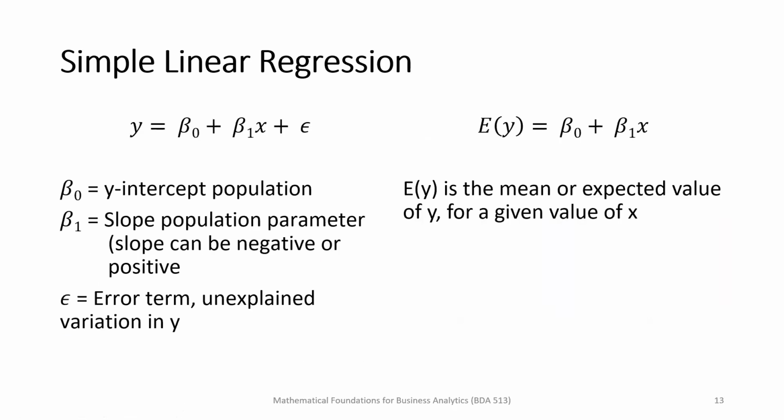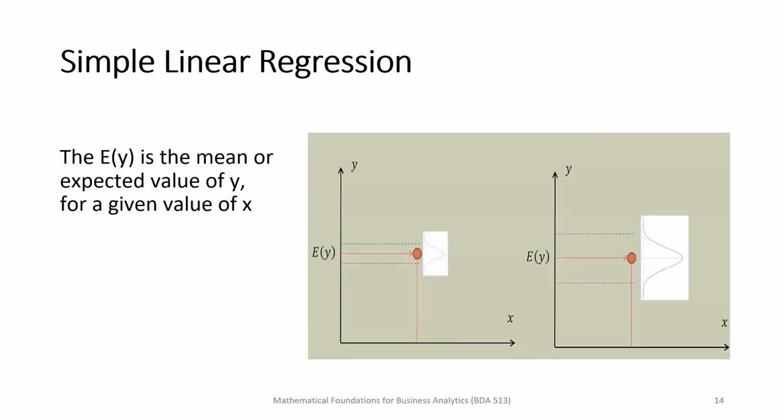Basically, the expected value of y is the mean or expected value of y for a given value of x. It's just like a normal distribution where we have the value for the mean.